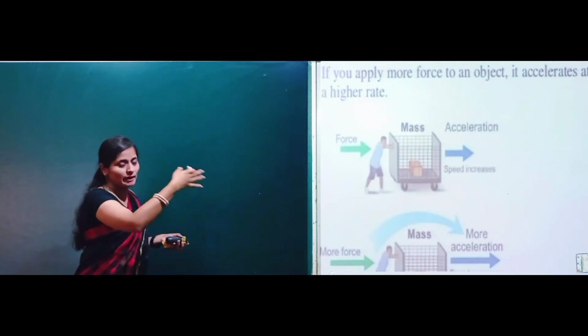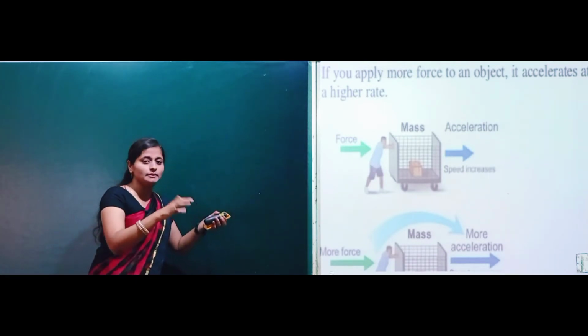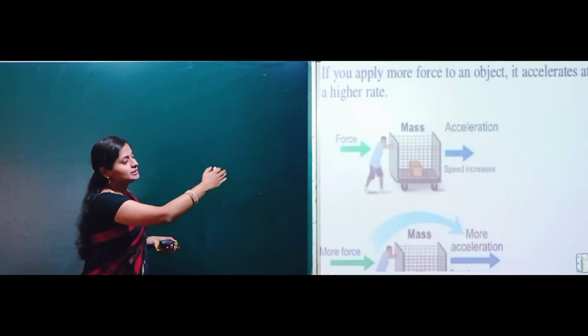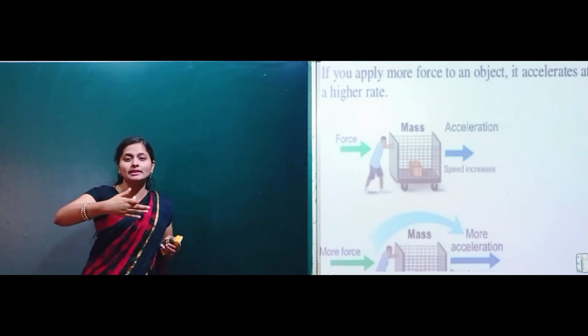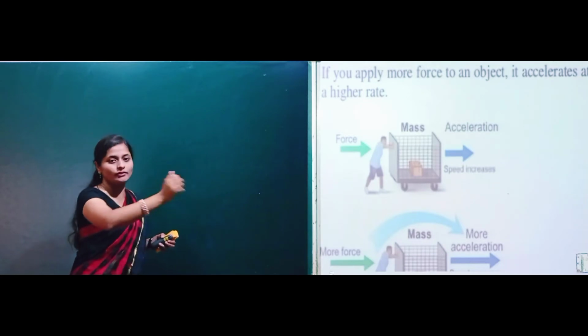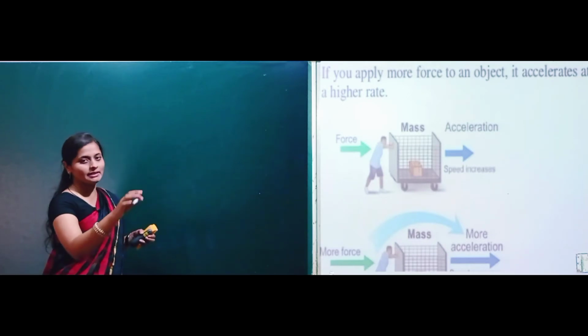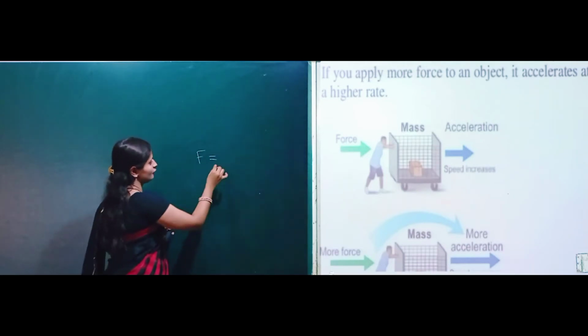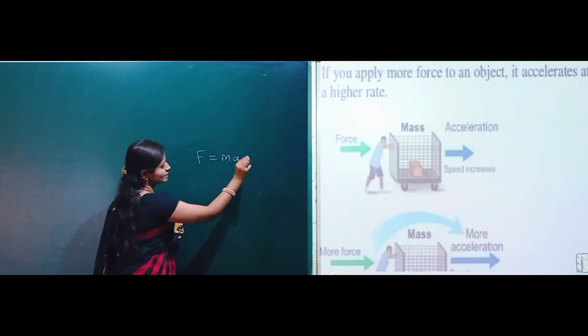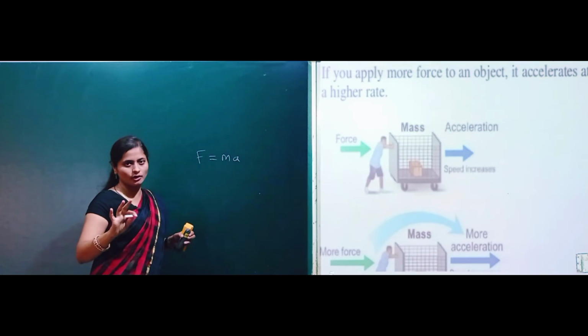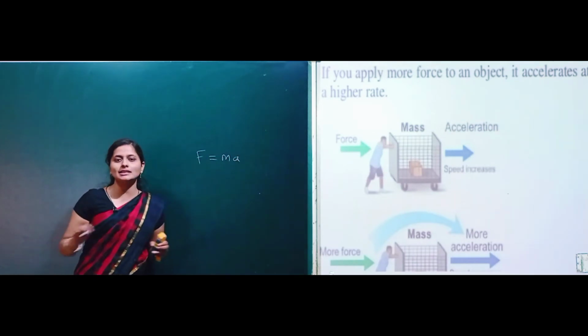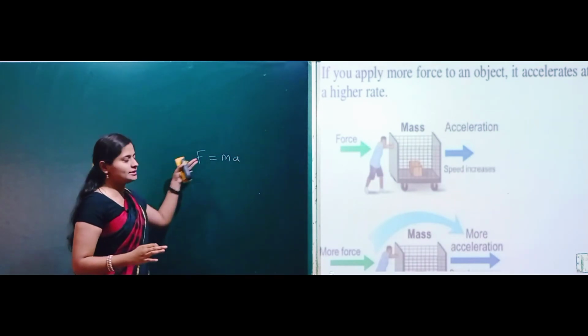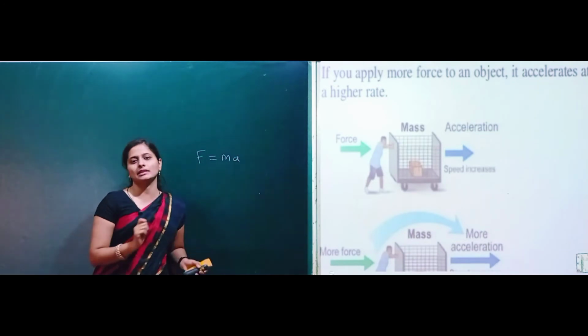When the man applies a force to the mass, the speed increases. Speed increasing means acceleration takes place. That's how the formula is proved. What is the formula? Force equals mass into acceleration. Got it? So this is Newton's second law of motion: force is equal to mass into acceleration.